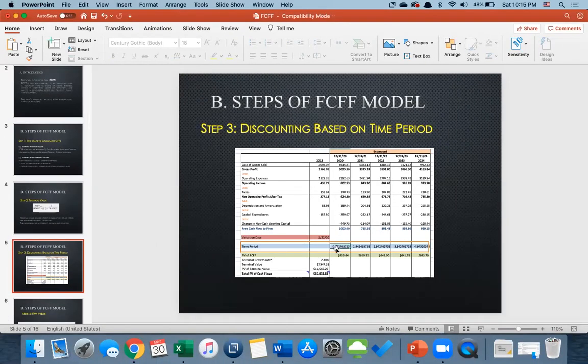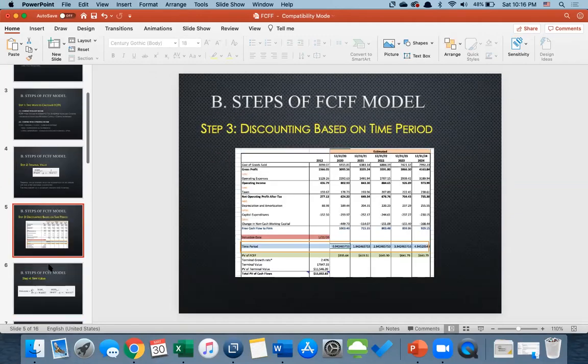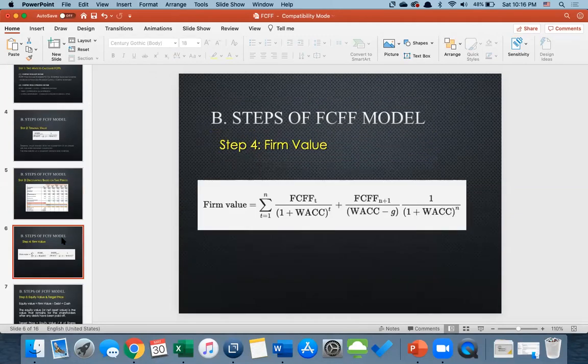We also can get the present value of the terminal value using the same method. So based on these two present values, we can get the firm value. It is the present value of the next 5 years of free cash flow to firm plus the present value of the terminal value.